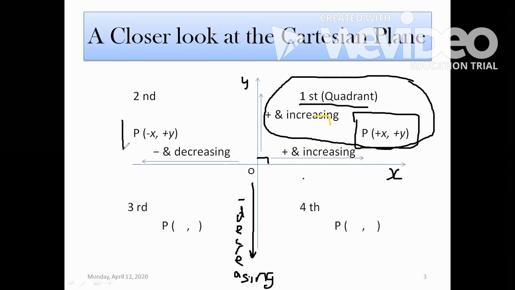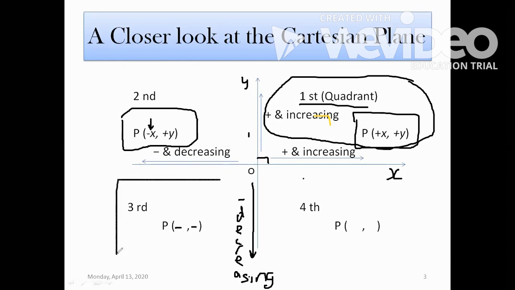And in the second quadrant, all these points here, what do you notice? The x value is what? Negative, but the y value is positive. In the third quadrant, the x value would be negative and the y value would also be negative. So everything down here, in the third quadrant, everything is negative.